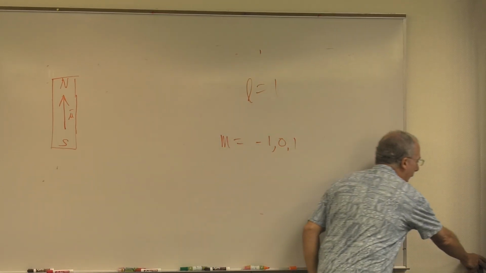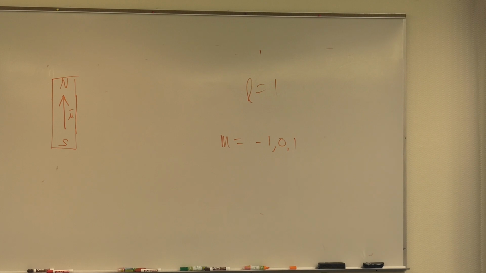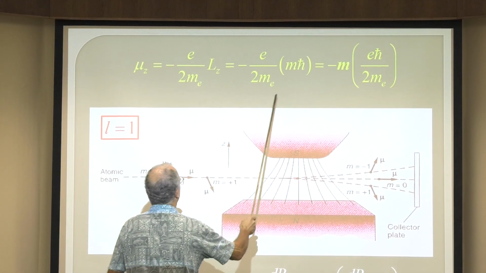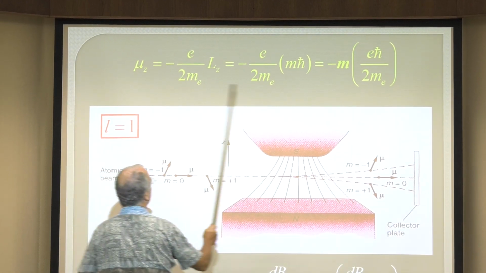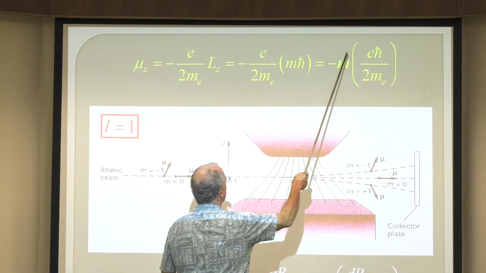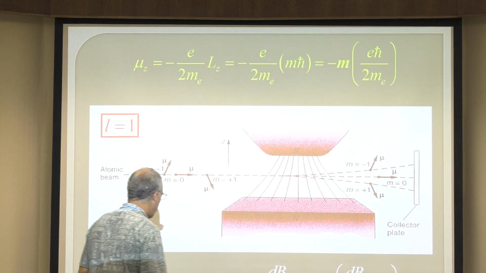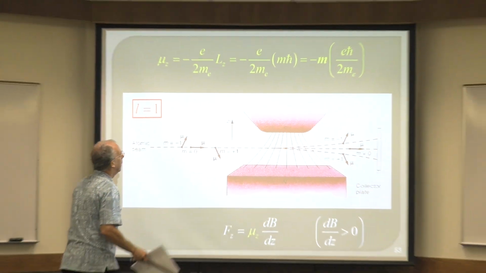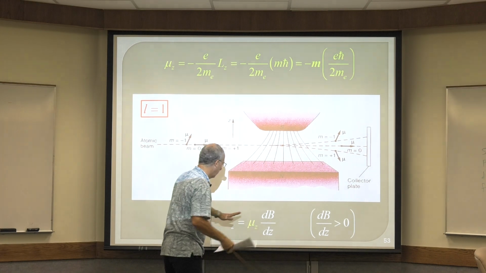Looking up here, this is m, so there are 3 possibilities: this is a negative, so it's going to be +1, 0, or -1. And remember, the force is proportional to this mu z, and there are 3 values of mu z, correct?